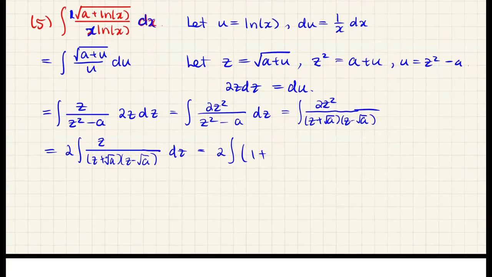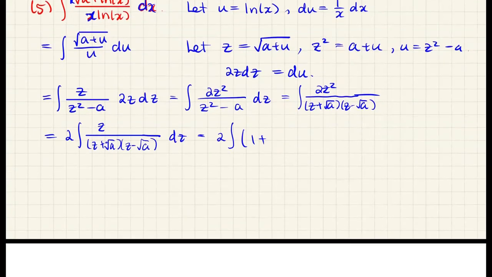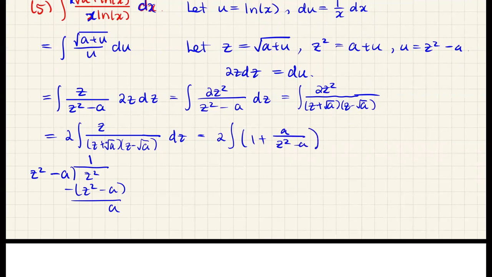So if I try to do the long division, I'm going to take the z squared and divide it by z squared minus a. So it goes into it once, z squared minus a. So we just have a here. So we have a divided by z squared minus a dz. Okay. So we have the first term. So I'm going to rewrite this part, actually.